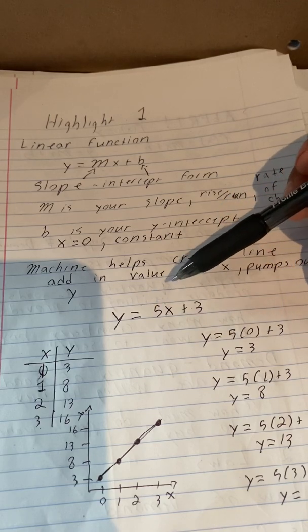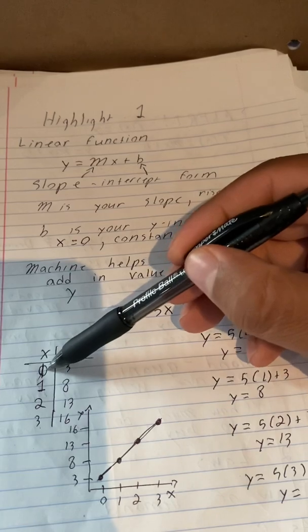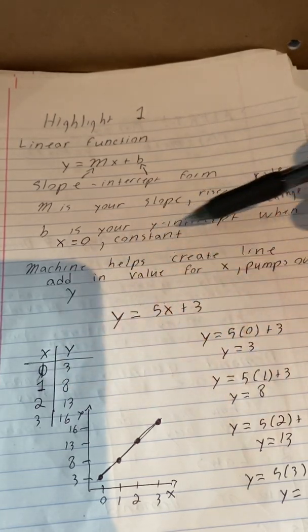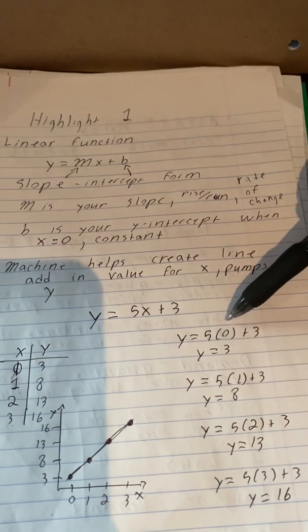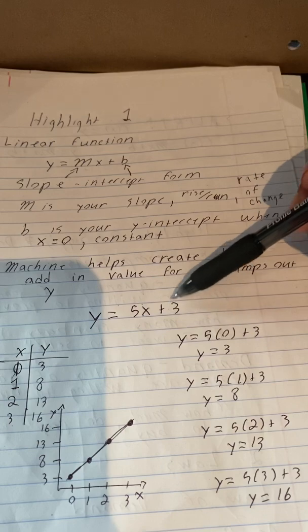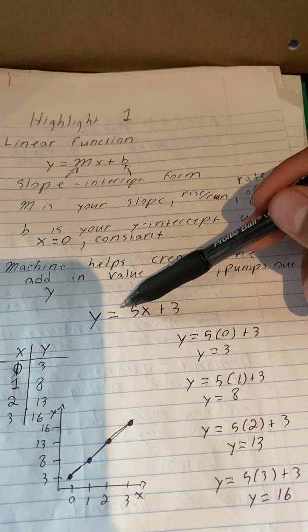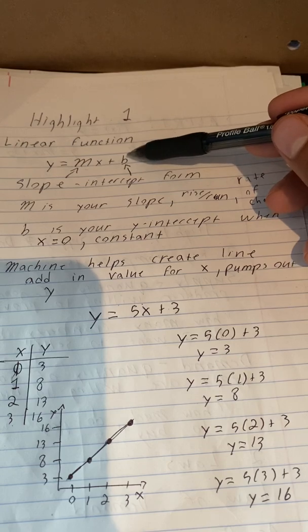So let's go back to the machine that we're talking about. You have a value, 0, and you plug that value into your x right here. And then you basically solve it out. It's basic math. This also helps show what I mean when I say b is your y-intercept when x is equal to 0.